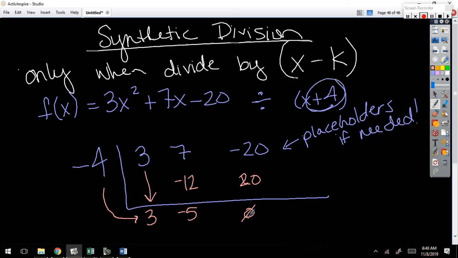Now remember when we did long division, we got 3x minus 5, right? And look down at the bottom at what we have. You always label them from right to left, so opposite. This is the remainder, the constant, x. If I had another column, it would be x squared, and it would continue counting up, okay?